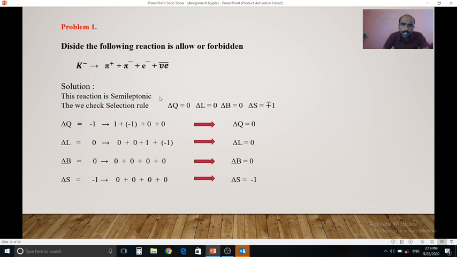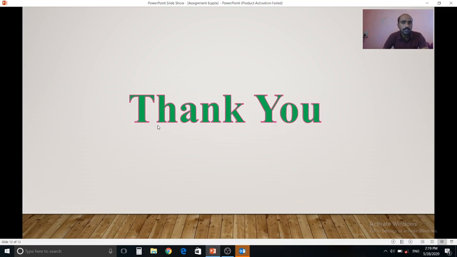That means this reaction follows the selection rule: del Q is equal to 0, del L is equal to 0, del B is equal to 0 and del S is equal to minus 1. Because this reaction follows the selection rule and all are conserved, this reaction is called an allowed reaction. Thank you very much.